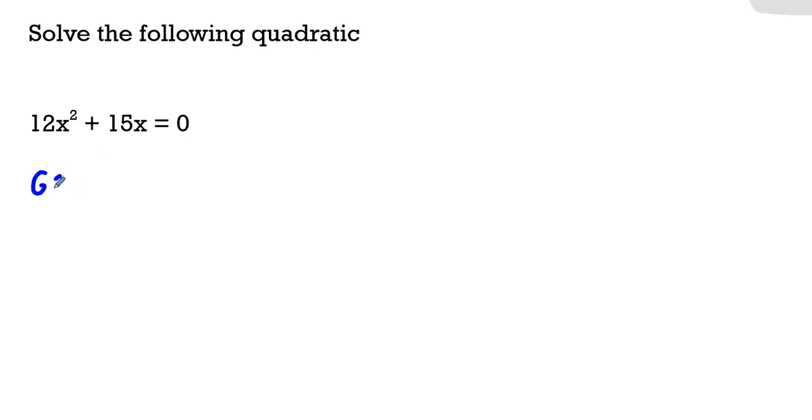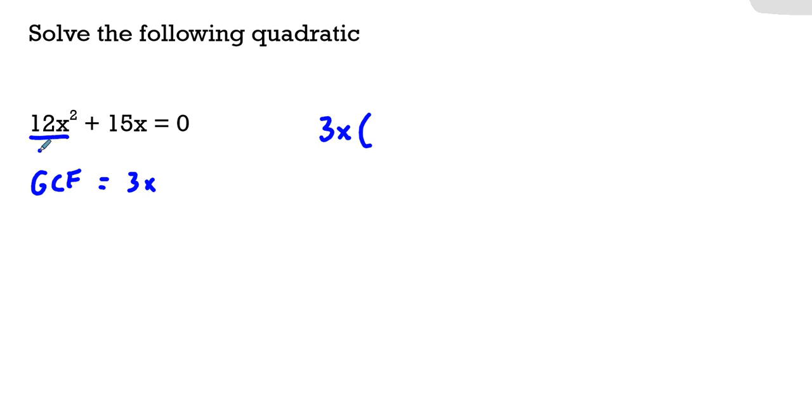In 12x squared plus 15x, I'm going to see that both 12 and 15 are divisible by 3, and they both have at least one x. So 3x must have been distributed over something to get that binomial.